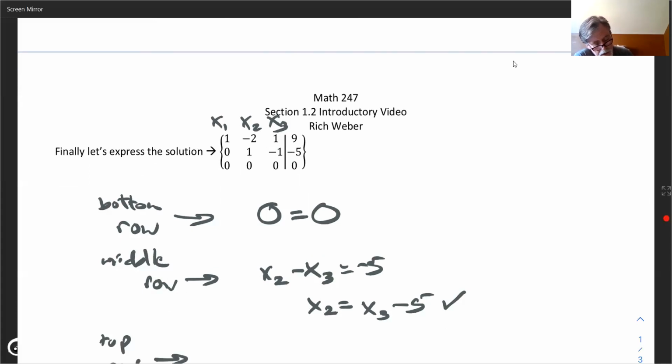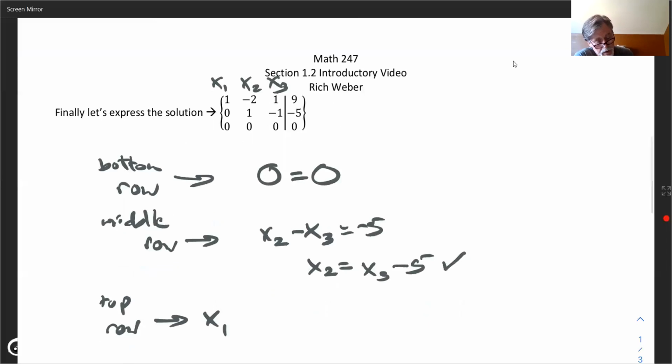We've got 1x1. And then notice the top row says minus twice x2, but x2 is found to be x3 minus 5. And then plus 1 x3 is 9.